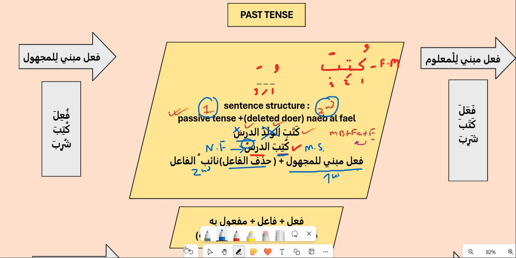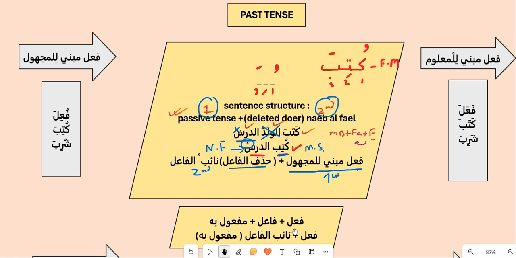Fail mabni lil majhul. So here you can see fail mabni lil majhul. It was here fail mabni lil ma'lum. And in this case, you don't need to put a fail here because the fail is deleted. That's why it is called lil majhul, majhul meaning something hidden.